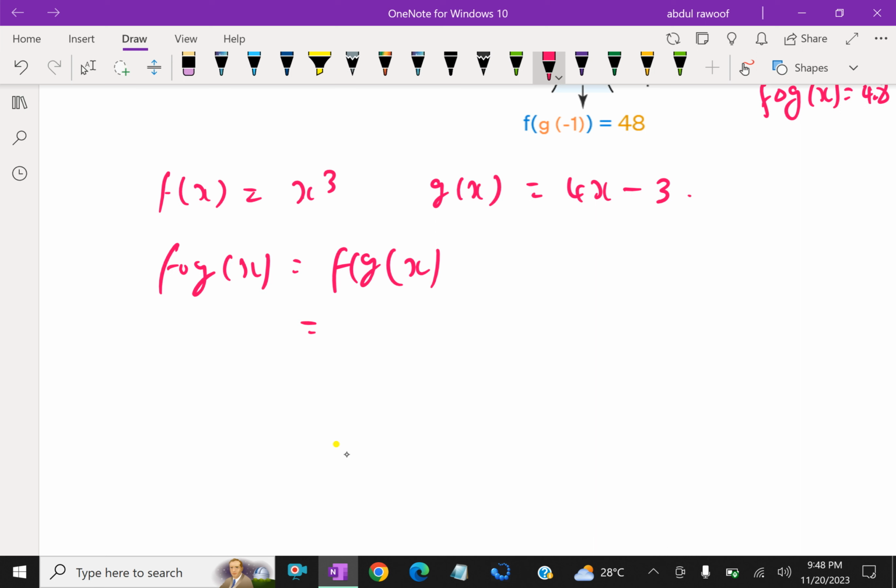Then we write f as the outer function, and g of x we treat as the inner function, that is 4x minus 3, and operate with f of x. F of x is x cube, so we have 4x minus 3, the whole cube.